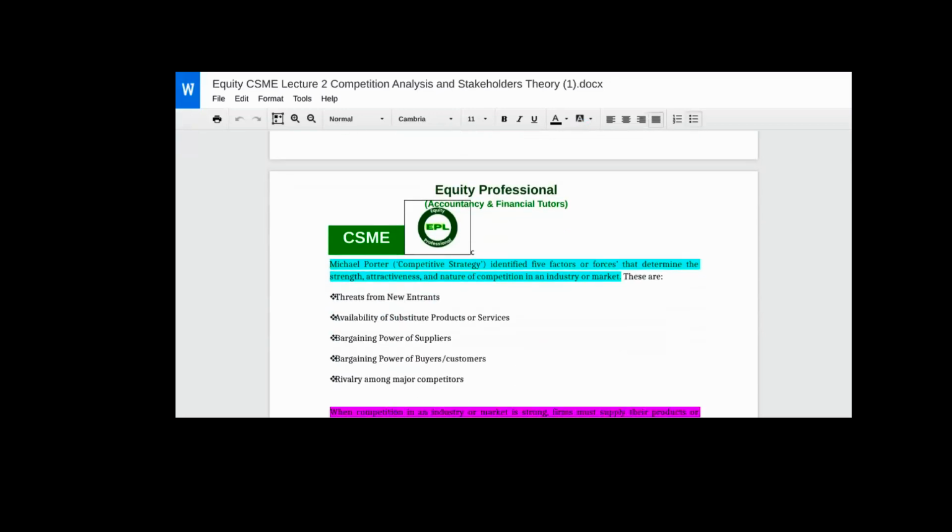You can see below, we have 1, threats from new entrants. 2, availability of substitute products. 3, the bargaining power of suppliers. 4, the bargaining power of buyers. 5, rivalry among major competitors. This is what the syllabus requires as the 5 forces model. Anytime they say we should analyze the degree of competition using the 5 forces model, these are the 5 things we are going to discuss.